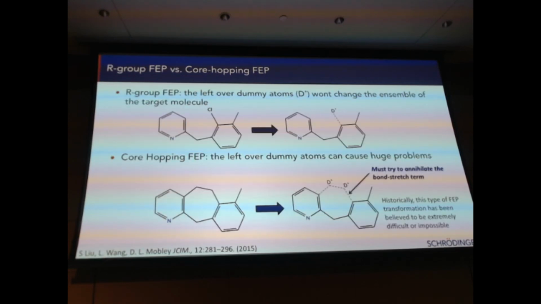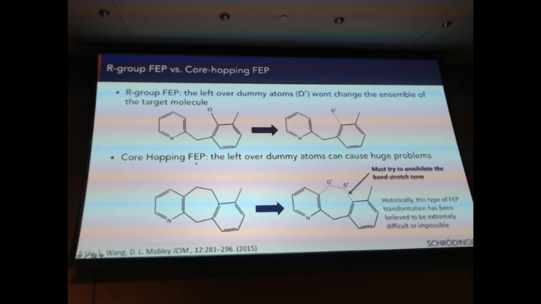Okay, a little bit of theoretical consideration. Compared to conventional R group modification FEP, you can see the bonded stretch interaction between the leftover dummy atom and the physical atom won't affect the ensemble of configurations for the physical molecules. In core hopping FEP, this is different.